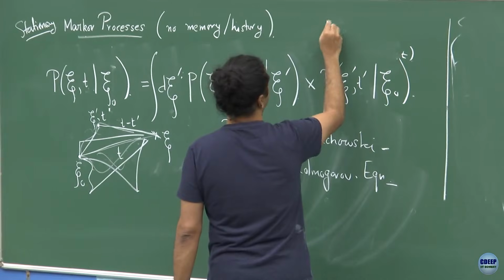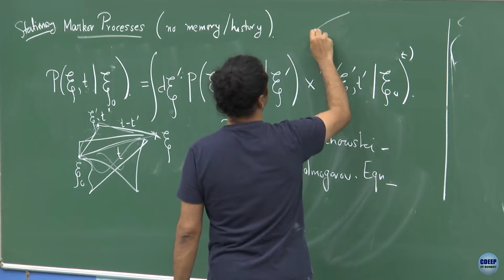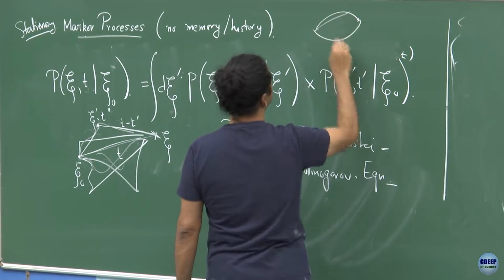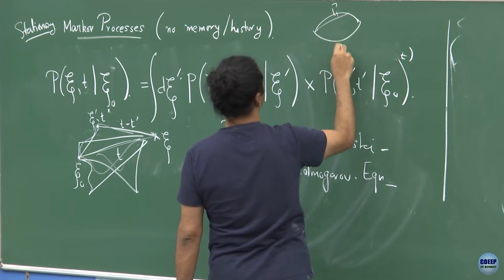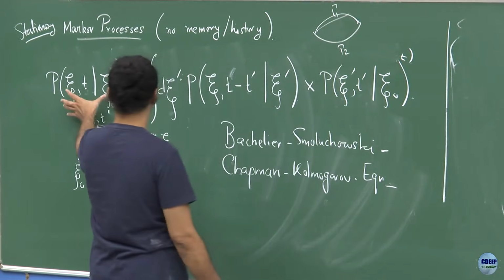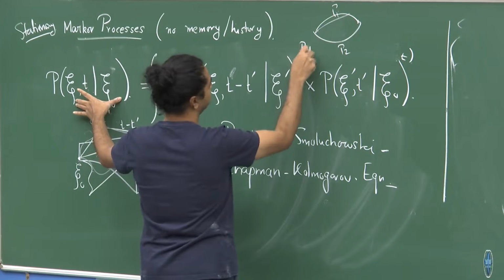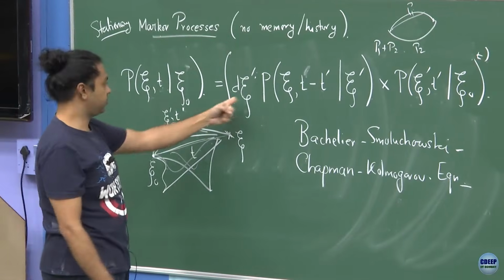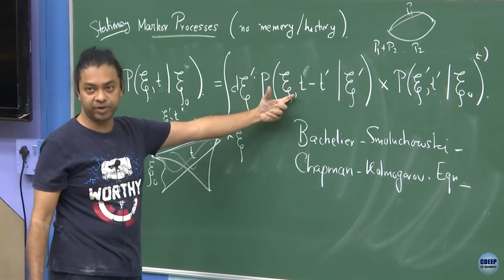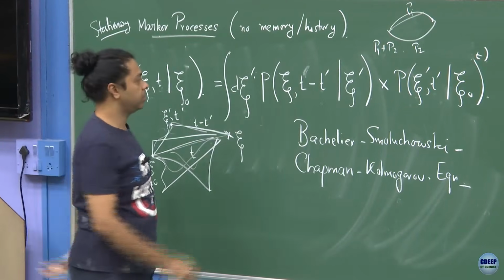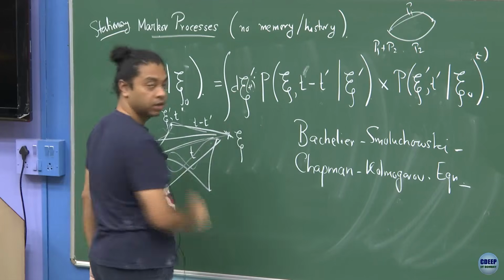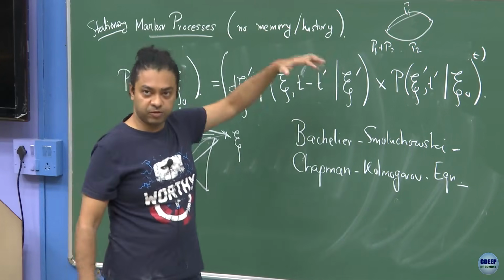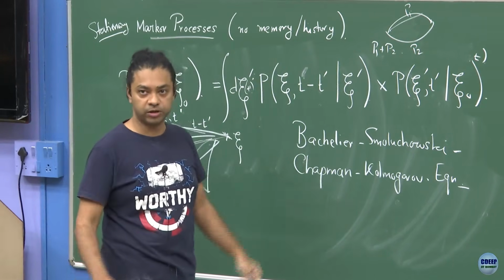So, if I could just go in two ways, here one jump like this, another jump like that, this would have some probability p 1, this would have some probability p 2, and the total probability would have been p 1 plus p 2. Similarly, now I have many paths, each of which corresponds to one choice of psi prime at some particular t prime, and I am summing over all of these possible paths to get my final probability.